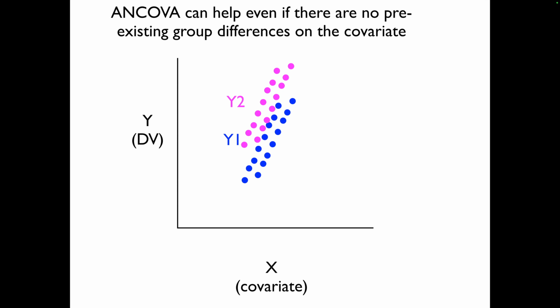So the point of showing you all those hypothetical examples is to point out that when you perform this statistical extrapolation, this statistical adjustment, and you compute adjusted means, depending on how those groups are sitting on the covariate, you can have an increase in the effect, a decrease in the effect, a reversal of the effect, or an abolishment of the effect altogether, depending on the configuration of all the data.